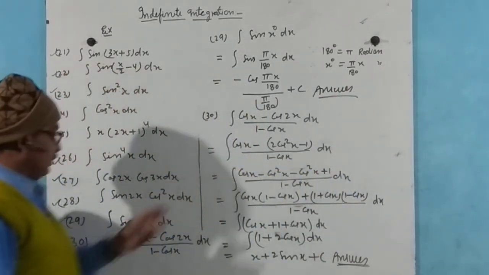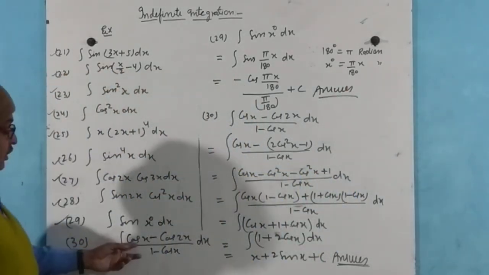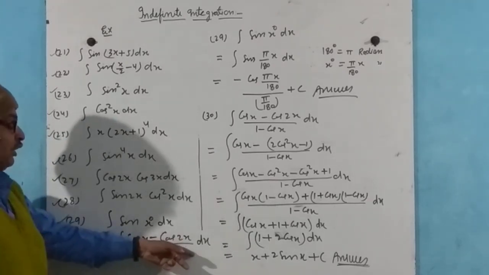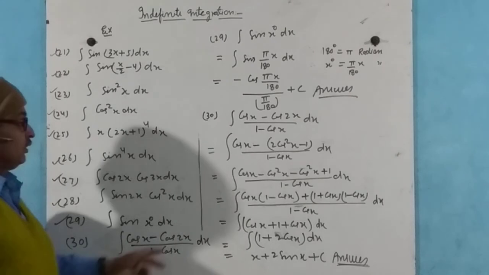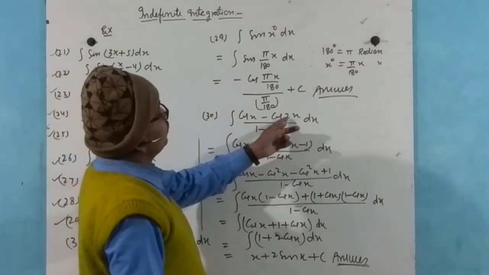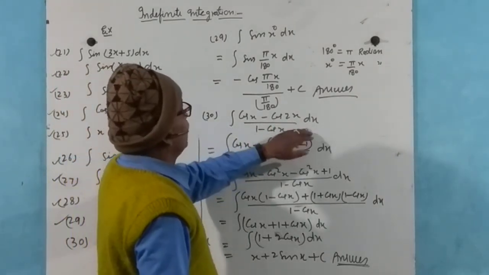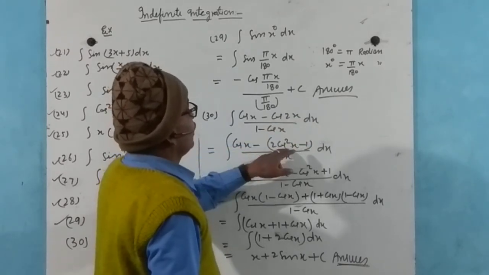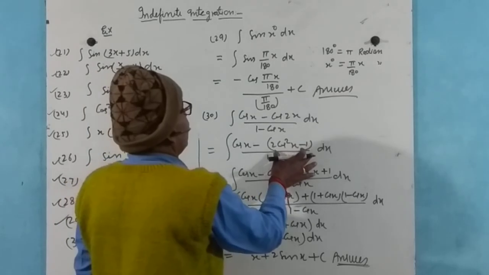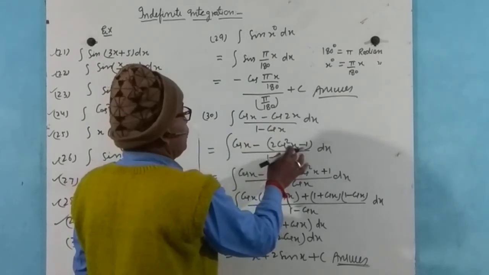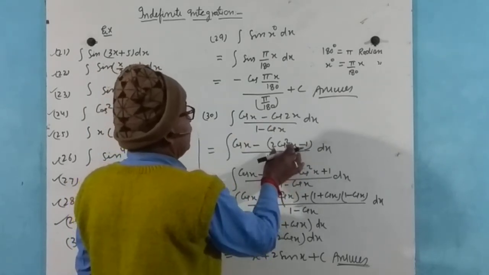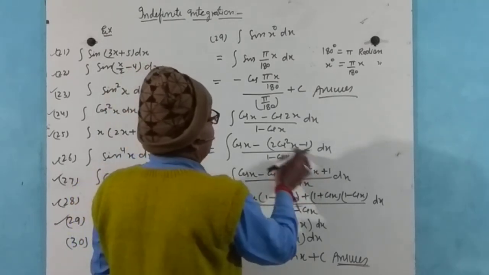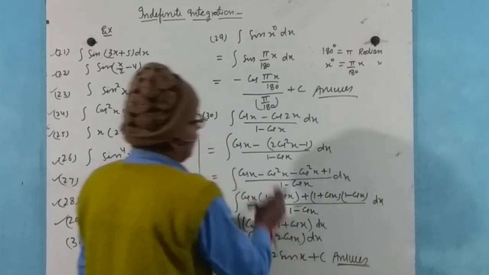And question 30, the integration of cos x minus cos 2x divided by 1 minus cos x. First of all we arrange this: cos x minus cos 2x divided by 1 minus cos x dx. We put the formula cos 2x equals 2 cos square x minus 1. So this becomes cos x minus 2 cos square x plus 1, arranged as cos x minus cos square x minus cos square x, and minus minus becomes plus.